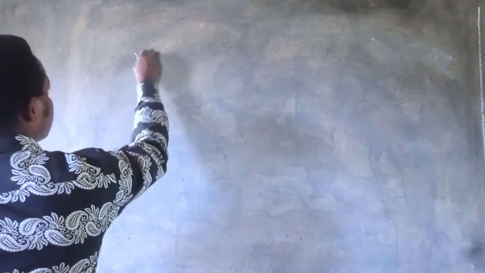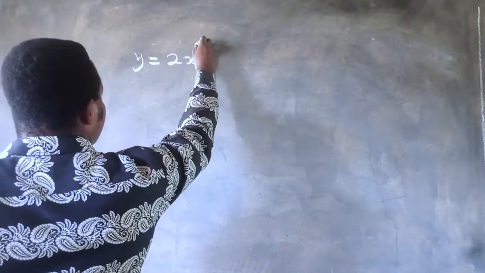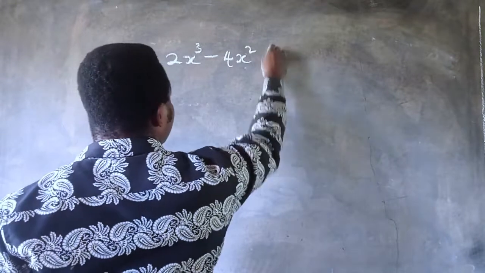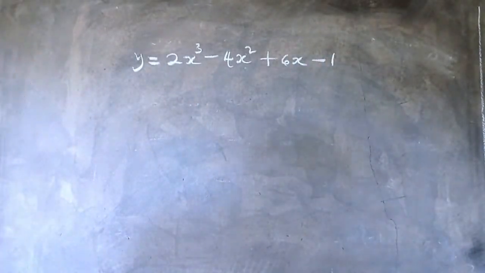The first one is y equals 2x raised to power 3 minus 4x raised to power 2 plus 6x and minus 1.